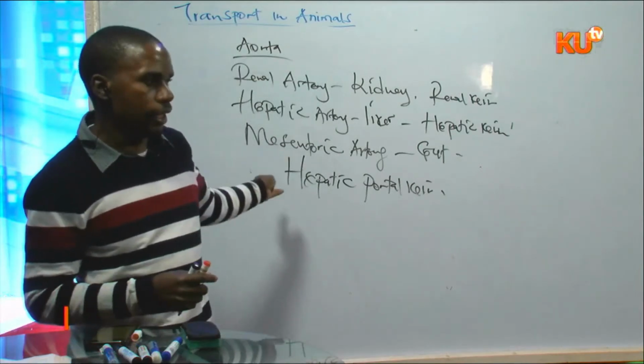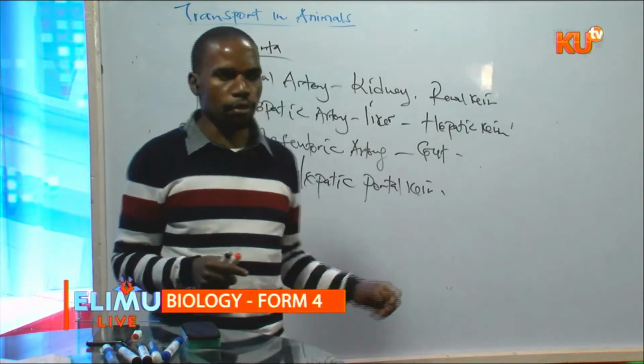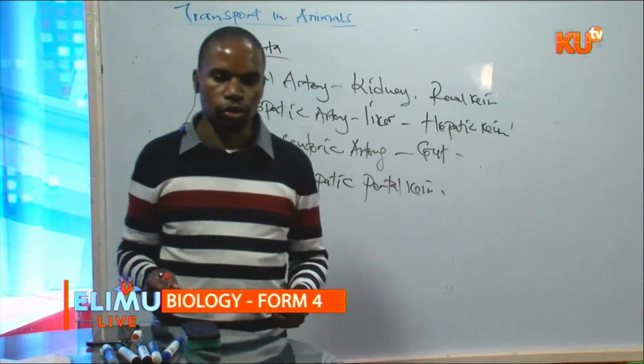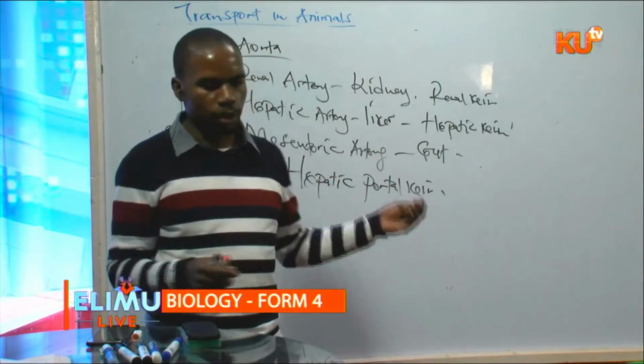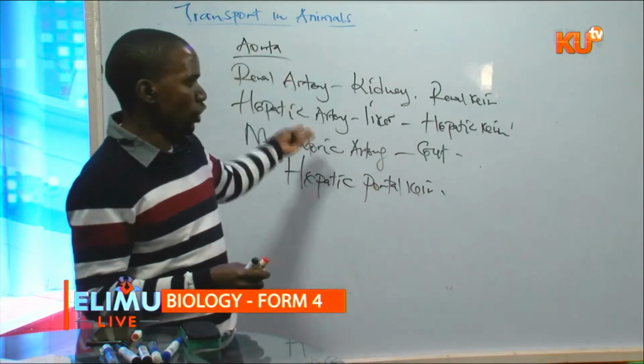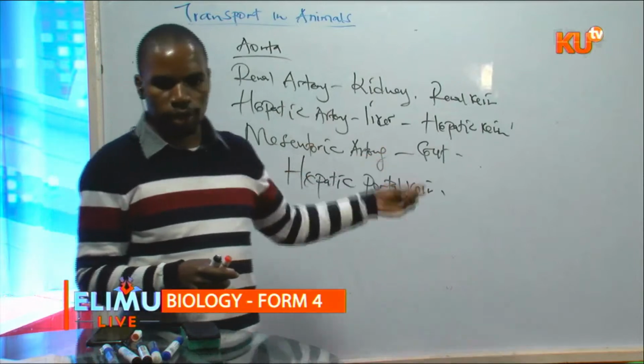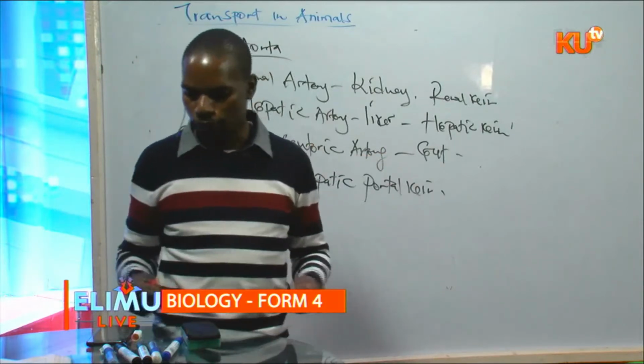The tricuspid valve ensures that the blood does not flow back to the right atrium. Semilunar valves, we have the aortic and the pulmonary semilunar valves. Those ones also just prevent backflow of blood.